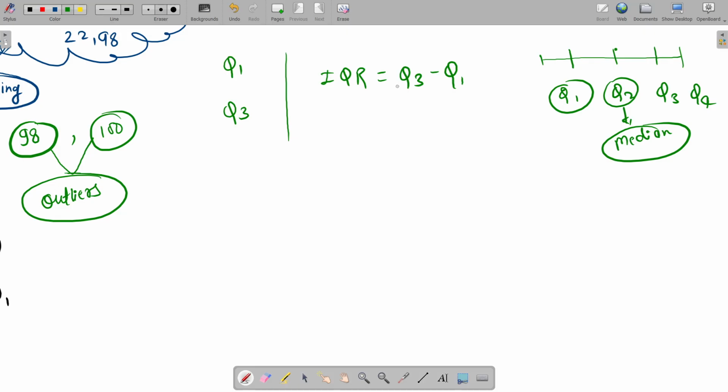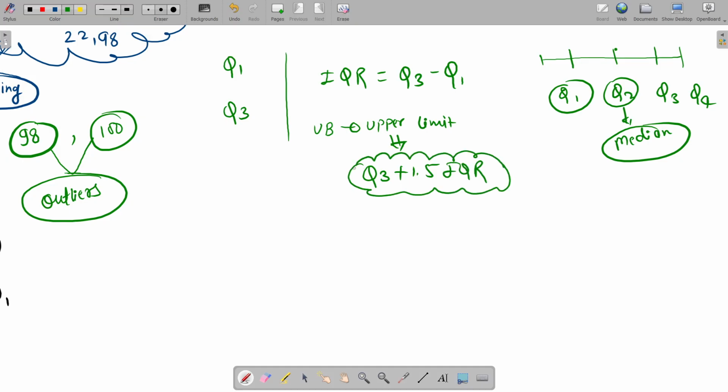Then we calculate our interquartile range. Once we have the interquartile range, we define our upper bound. Upper bound means upper limit. For defining the upper limit, we do one simple calculation: Q3 plus 1.5 times IQR, the interquartile range.